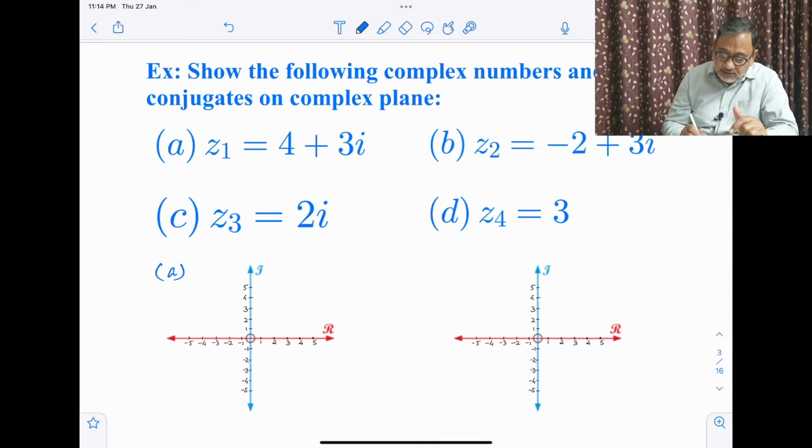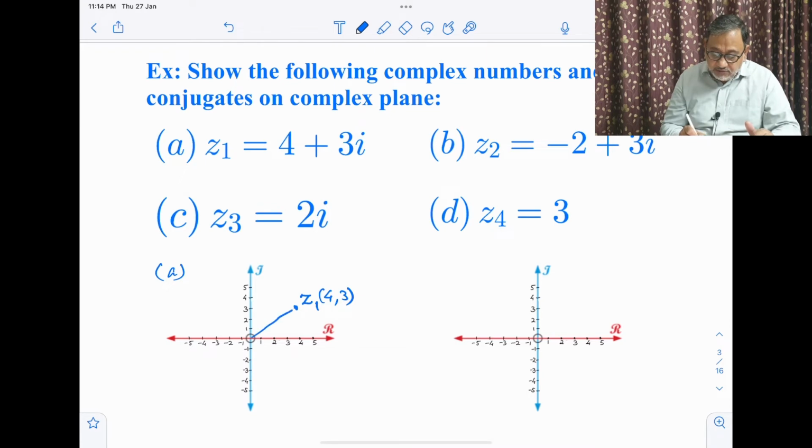It will be somewhere here: 4 on the real part and 3 on the imaginary part. So this will be Z1, given by the point 4 comma 3, and it will be shown by this arrow diagram.